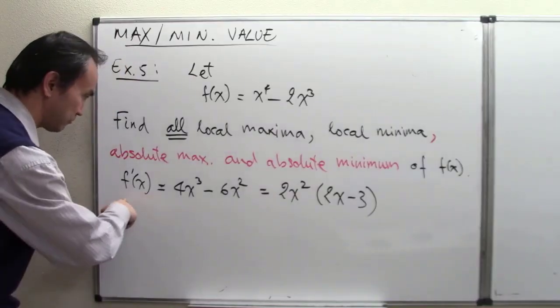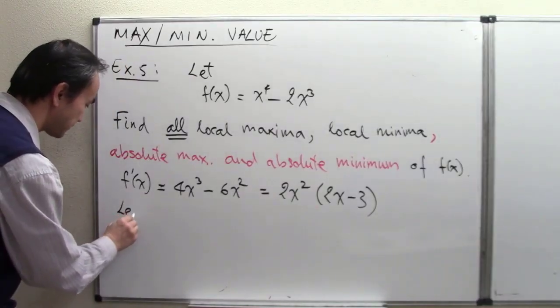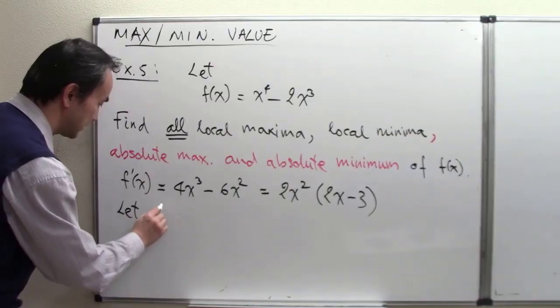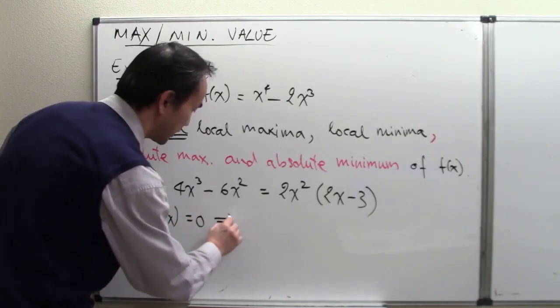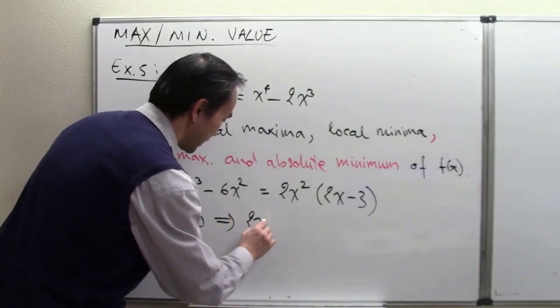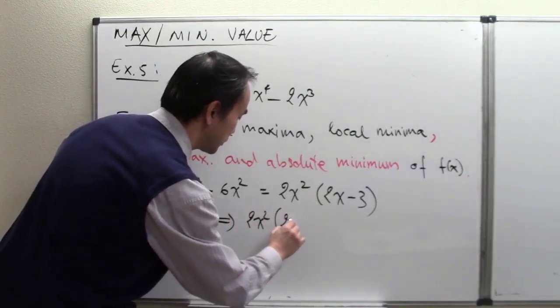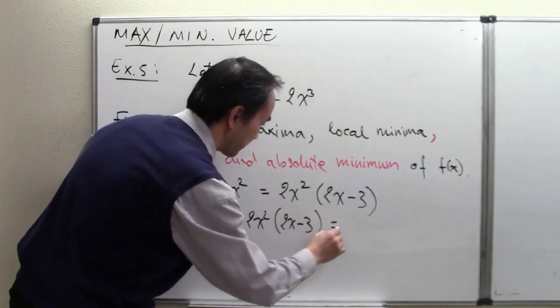Now I'm going to let f prime of x equal 0. That produces the equation 2x squared times 2x minus 3 equals 0.